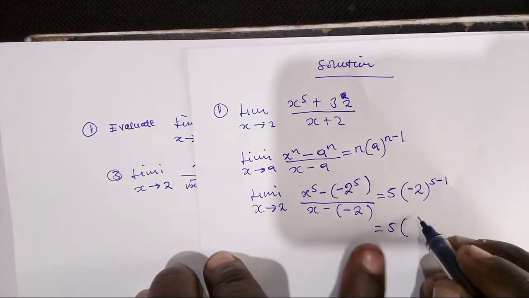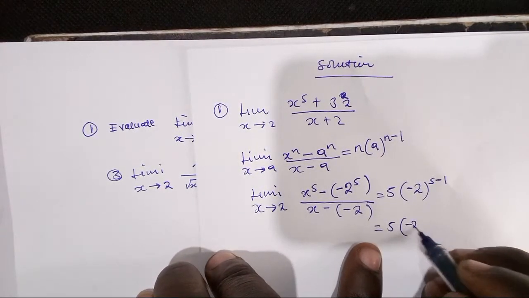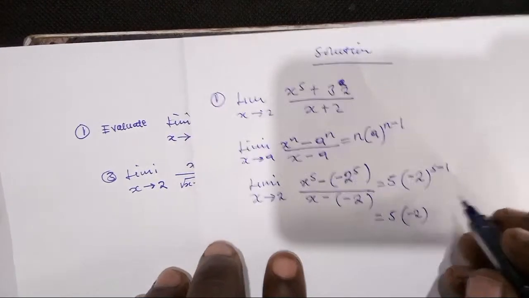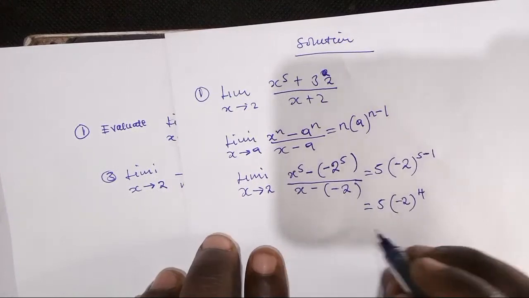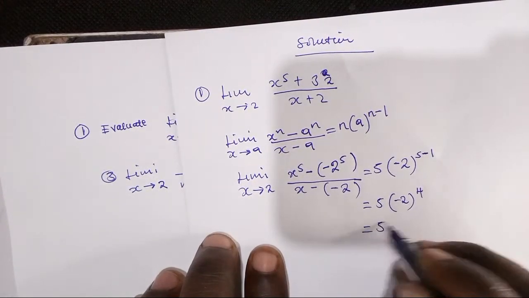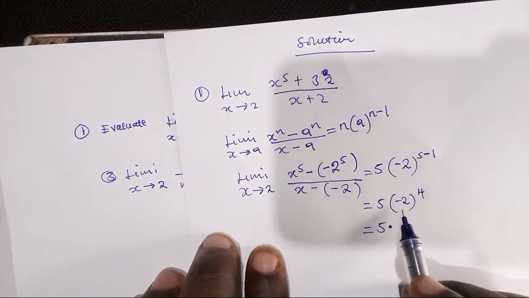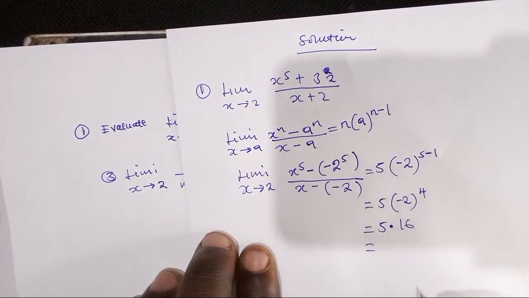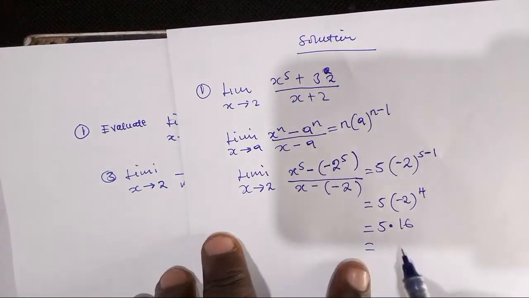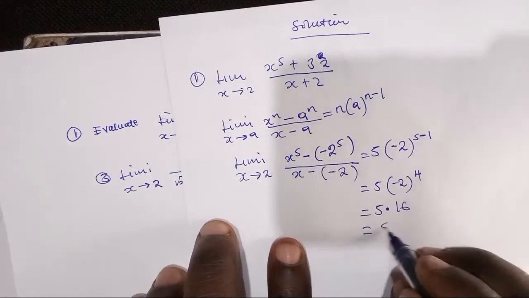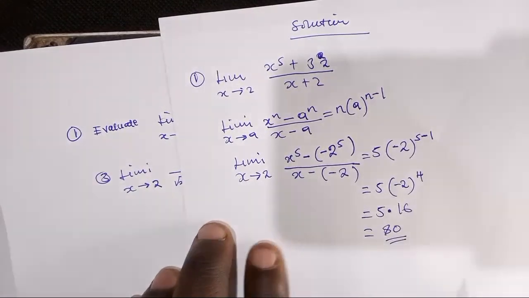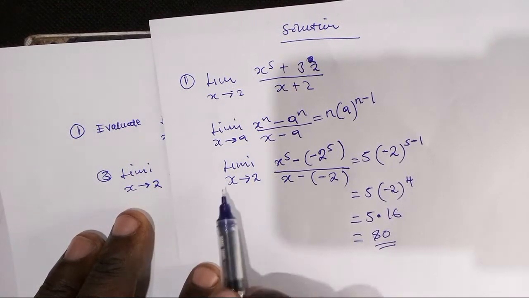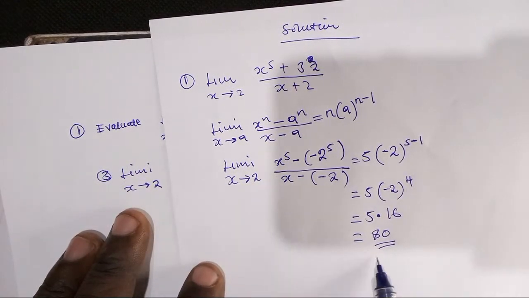When you subtract 5 minus 1, you are going to have 4. And this is equal to 5 multiplied by (negative 2) to the power 4, which is 16. And 5 times 16 gives us 80. So this is how we evaluate when x approaches 2. This is our first answer.